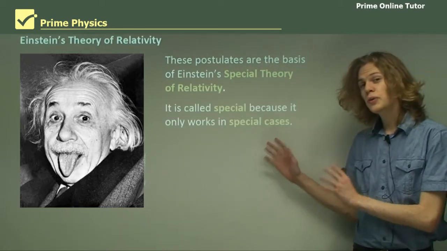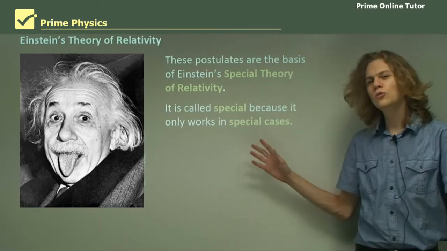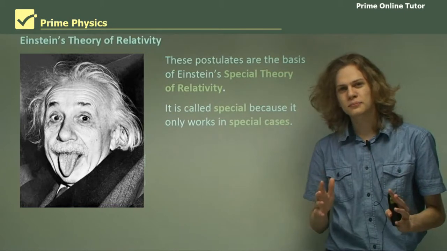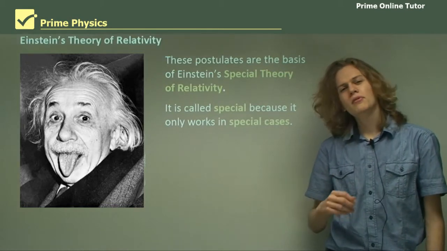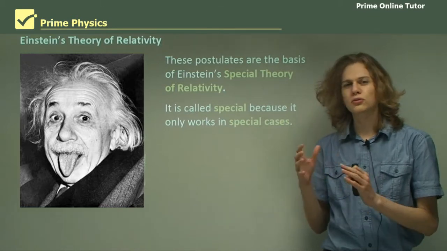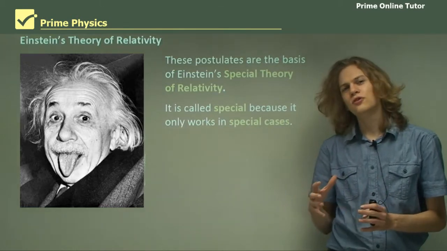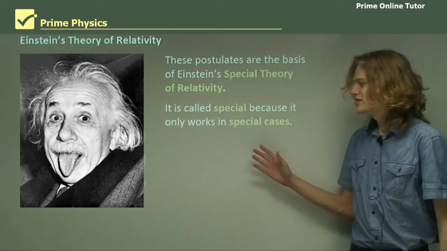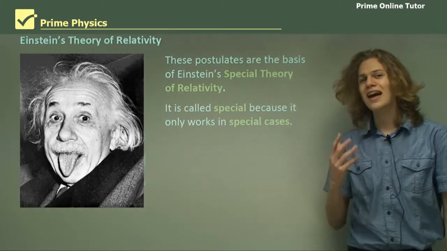It is called the special theory of relativity because it only works for special cases. It doesn't work for all cases. Remember that the principle of relativity only applies to inertial frames of reference. That is, frames of reference that are not accelerating. Einstein's special theory of relativity only handles these.